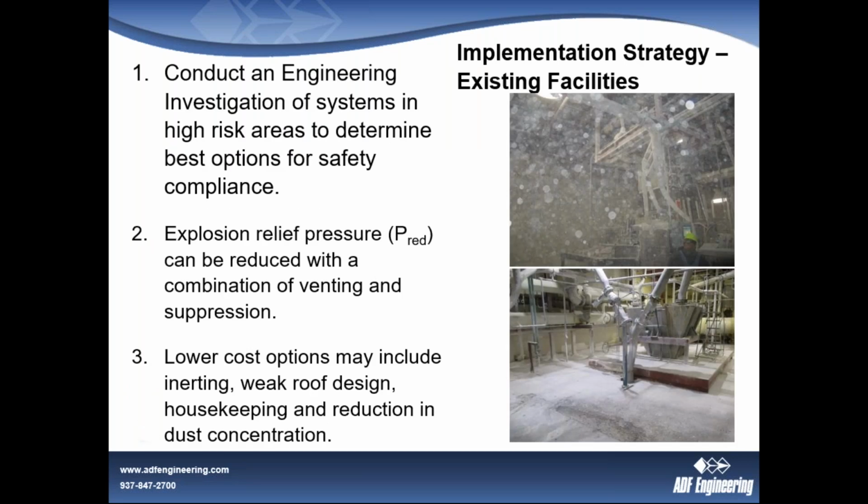So first of all, you need to conduct an engineering investigation of those high-risk areas that are found during the DHA to determine the best options. One thing I don't recommend that you do is go straight to a vendor.